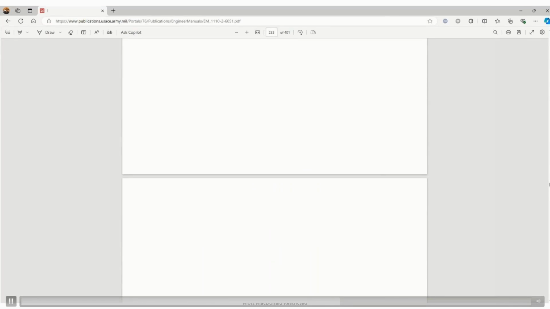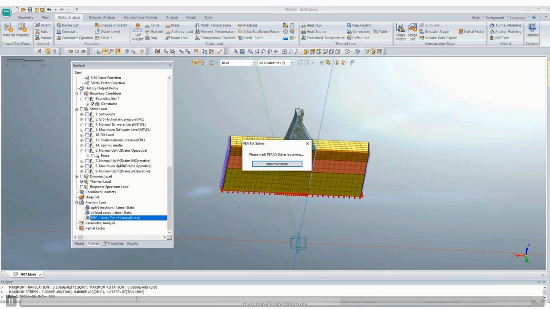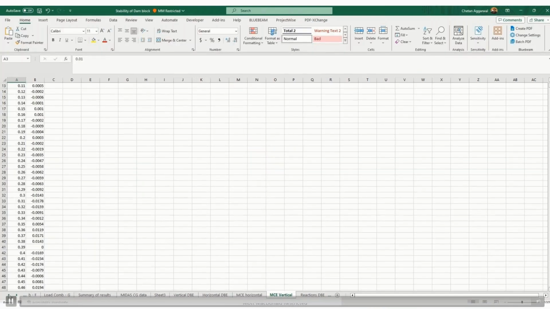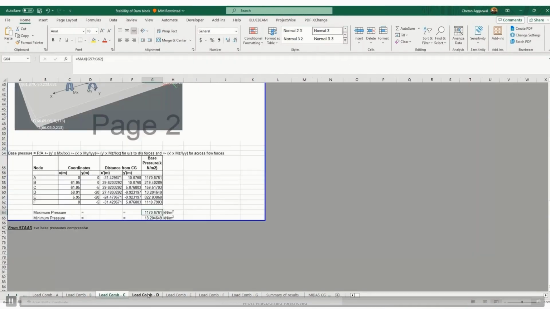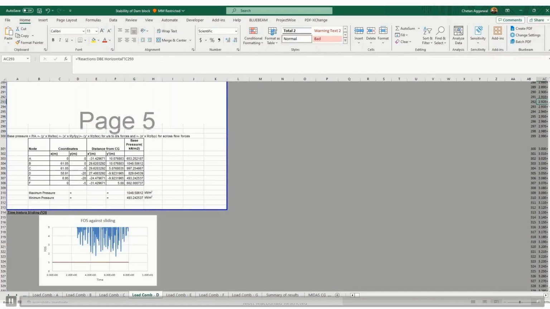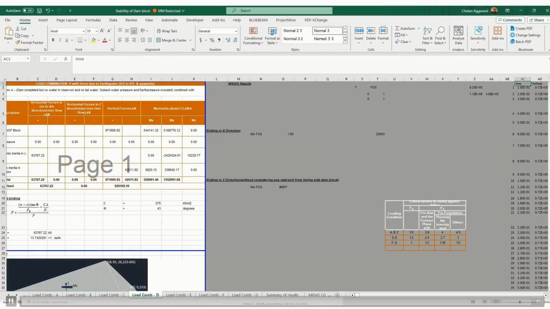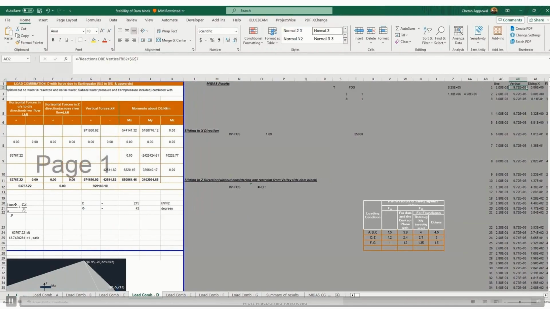So let's come back to our analysis. So it's still running. It takes some time. Meanwhile, let's see our sheet. Okay, what I'll do, say A, B, C, these are all static conditions, then D condition. For each time cycle, I'll be computing the sum total of vertical force and the sliding force, and then add it.